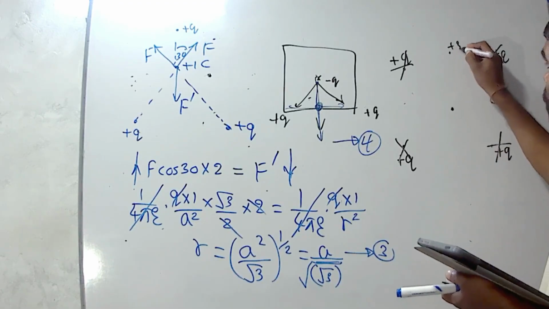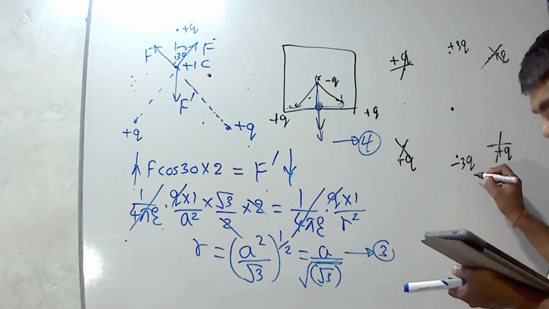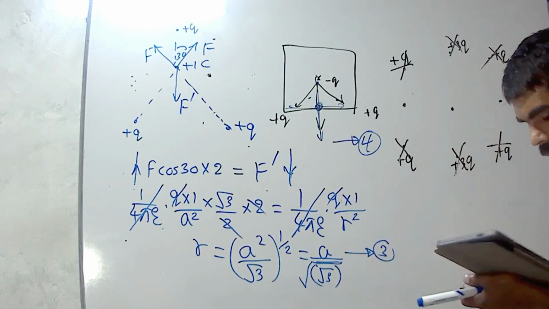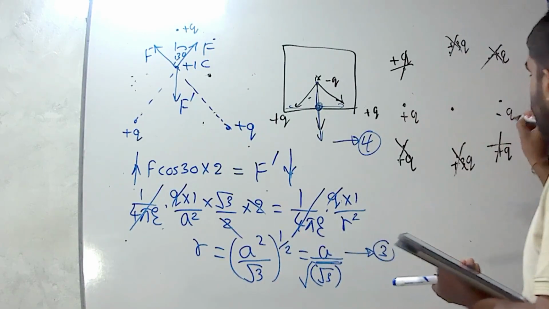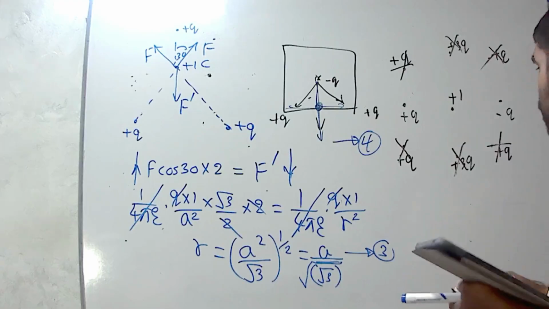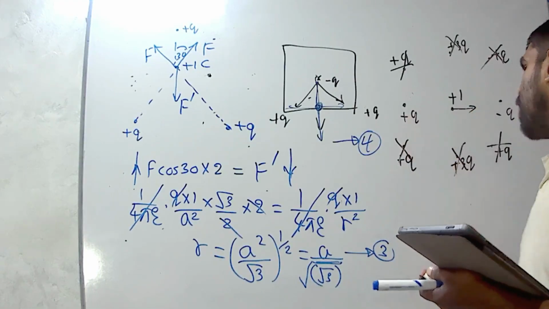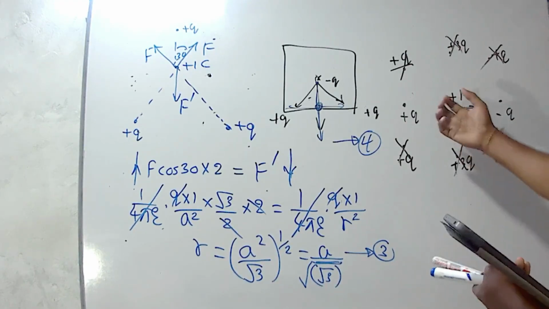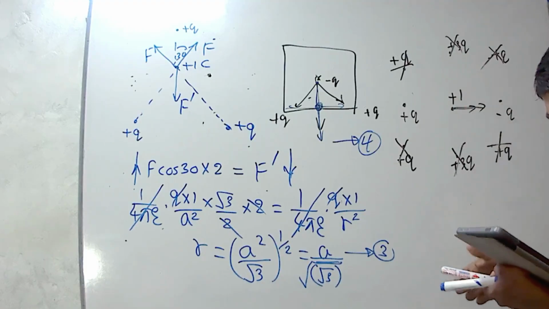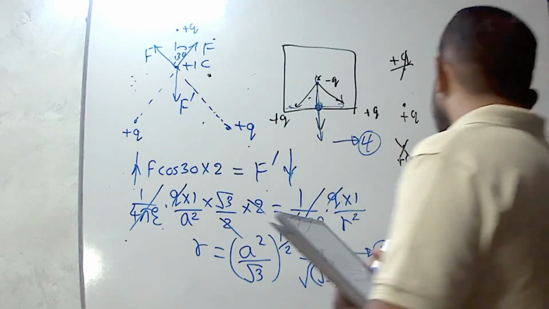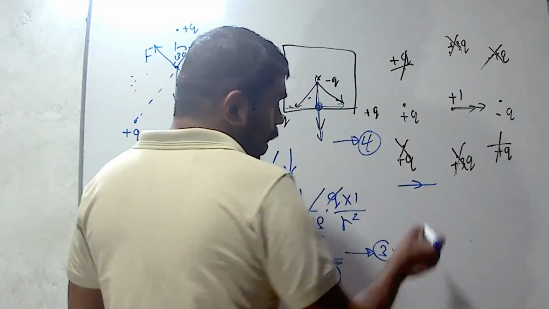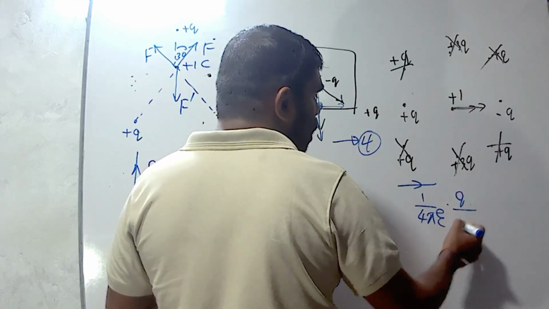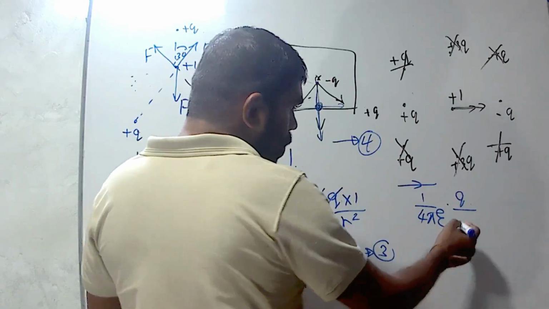Plus 3Q and minus 3Q, we can cancel; plus 3Q and plus 3Q, we can cancel out. But when considering these two charges, plus Q and minus Q, when placing +1 Coulomb, there is a repulsion force due to this +1 and there is an attraction due to minus Q. Therefore, there is a resultant force in this direction. Therefore, the electric field intensity should be in this direction, and we can write it as 1/4 epsilon, charge Q divided by distance A squared.